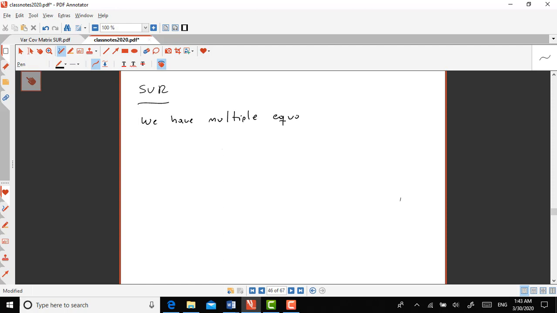Before, we only talked about one equation. For example, we can have one equation, one dependent variable and one set of explanatory variables with errors, a second equation with a set of explanatory variables and errors, and up to n equations.